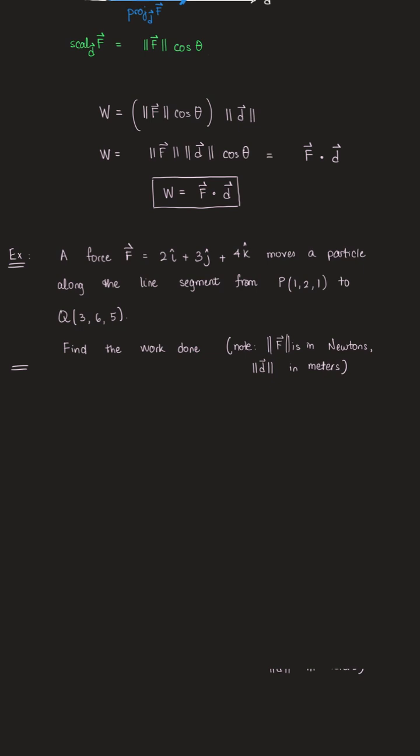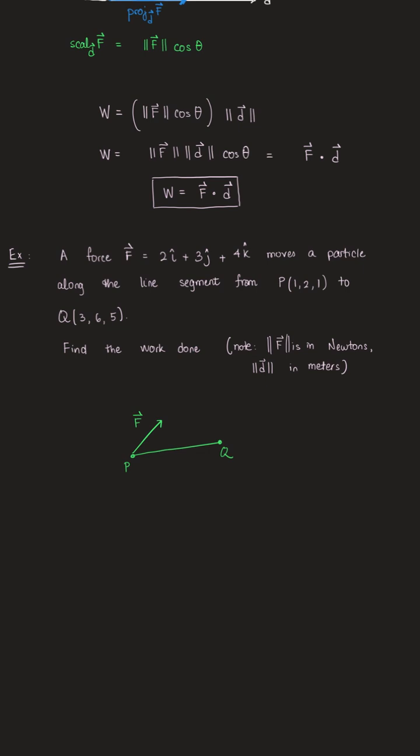So we've got a diagram. Maybe this is the segment PQ. We have some force that's acting on an object. We're dragging an object, a particle, and we need to figure out what is the work done by the component of the force along PQ when we move the particle from P to Q. So let's think about what we're going to need to solve this problem.